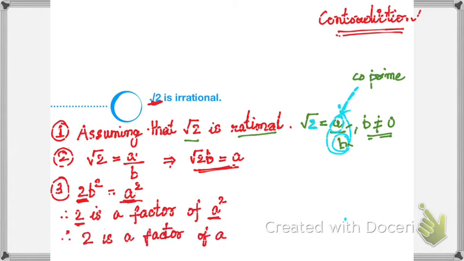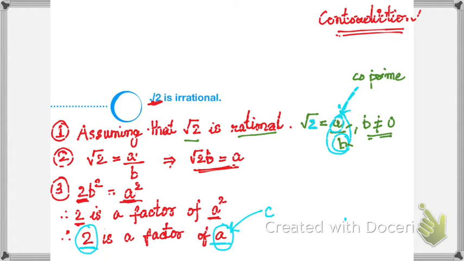Now since 2 is a factor of a, the factors of a can be many more numbers other than 2. This a must contain some other factor, so we are assuming that factor as c.